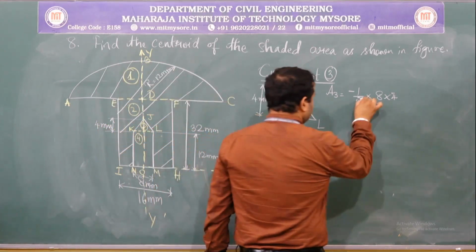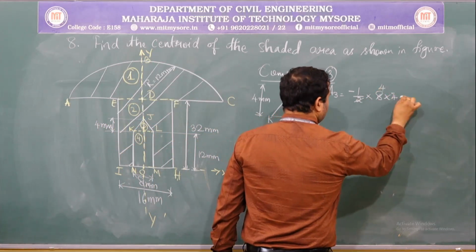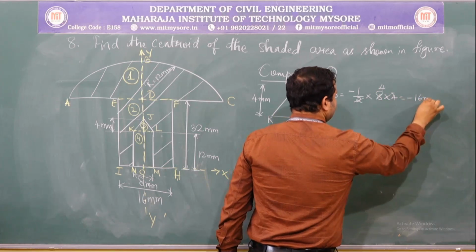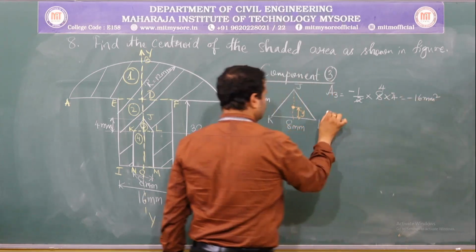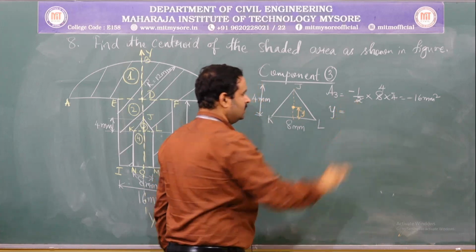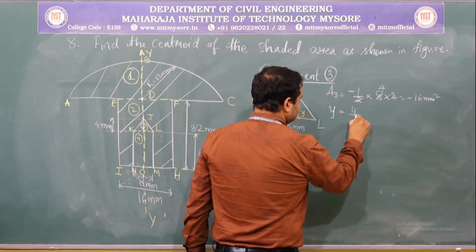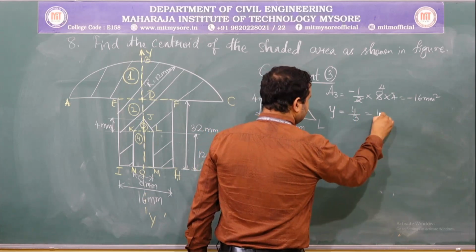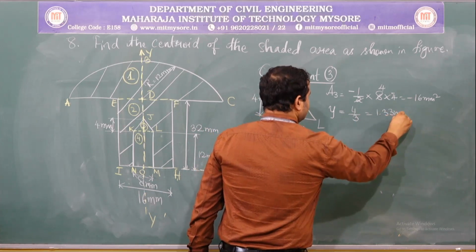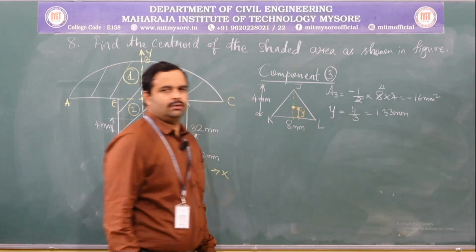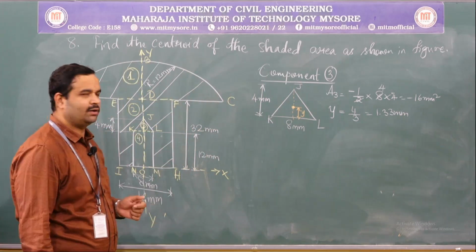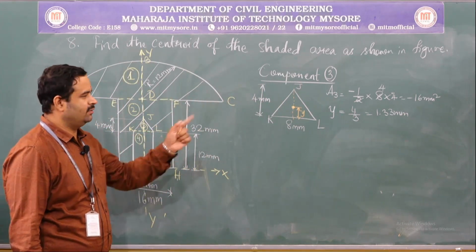That is minus 16 mm square. Coming to its y component, y is equal to h by 3, that is 4 by 3, which is equal to 1.33 mm. Do not write y with a minus sign, we are not writing any negative sign for y.